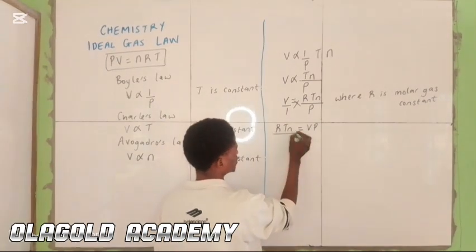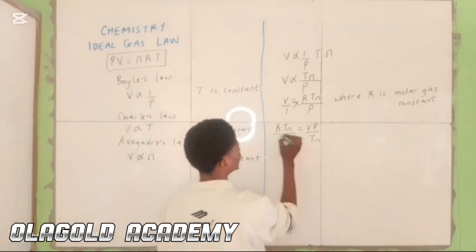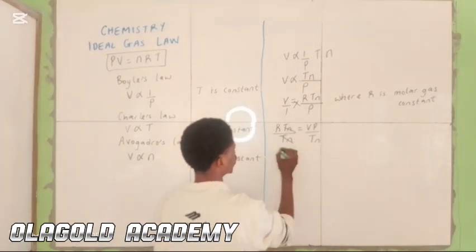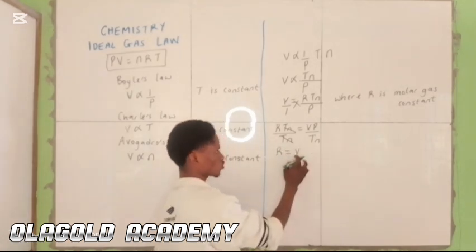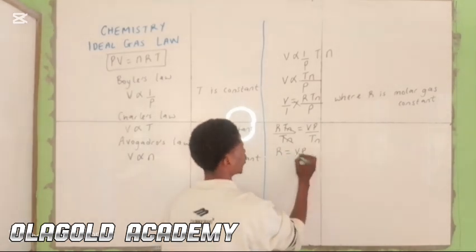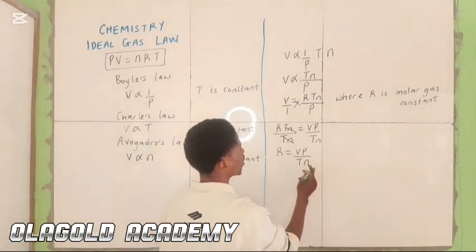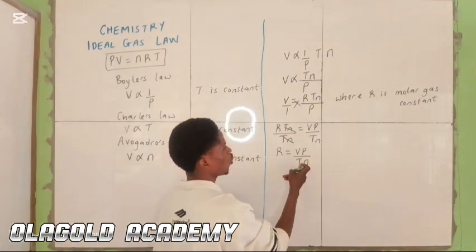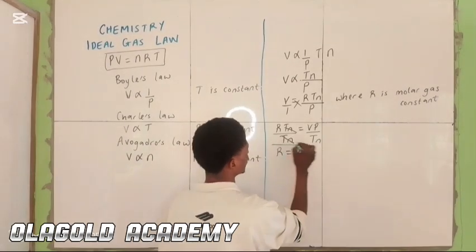So we divide both sides by temperature and number of moles. So this cancels this. So we have our molar gas constant equal to the product of volume and pressure, all divided by the product of temperature and number of moles.